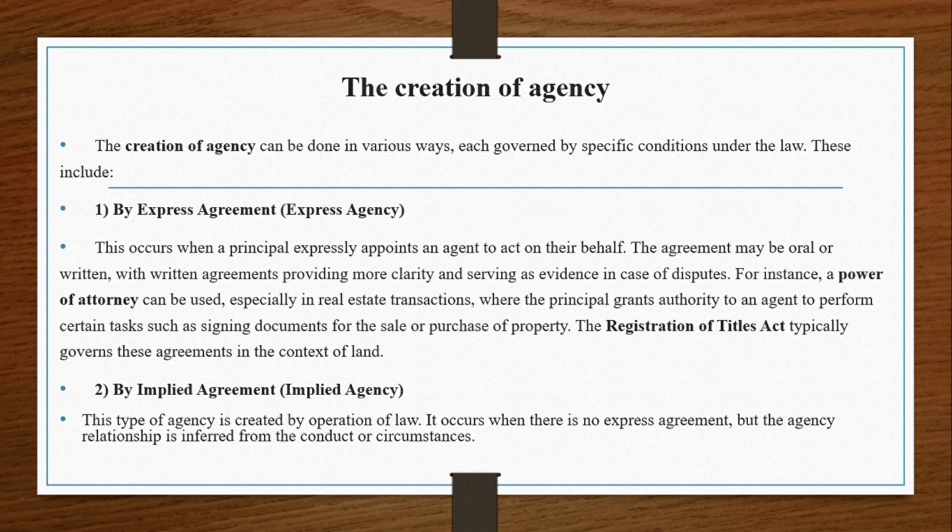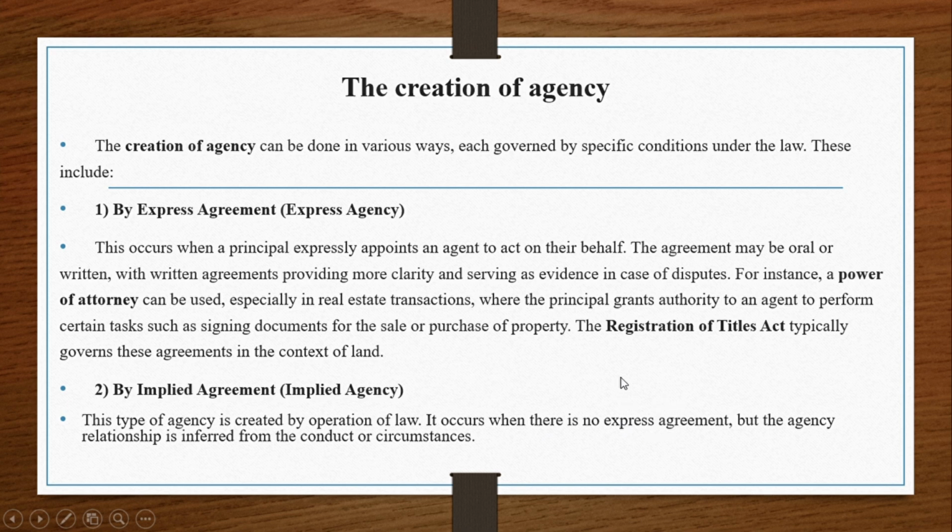Then the second one we have is by implied agreement, or implied agency. Implied is something that doesn't need to be stated. This type of agency is created by operation of law, and it occurs where there is no express agreement.